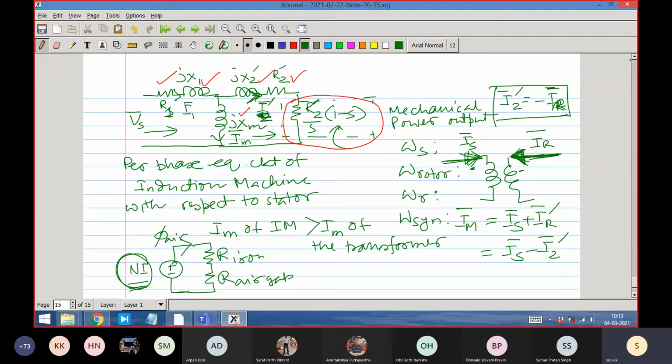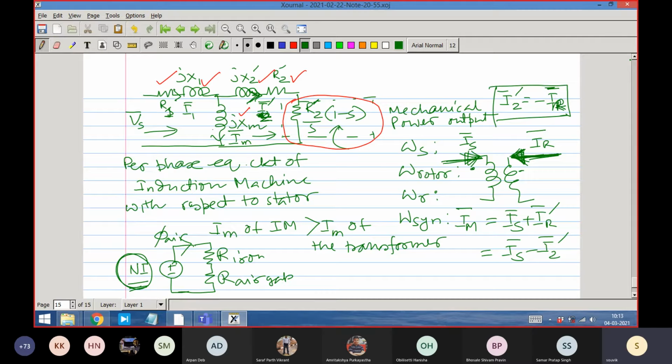Writing it again and again is a little bit cumbersome, but not a bad practice. I myself most of the time write dash just to remind myself that these are not physical R2 but actually R2 adjusted with respect to the turns ratio.